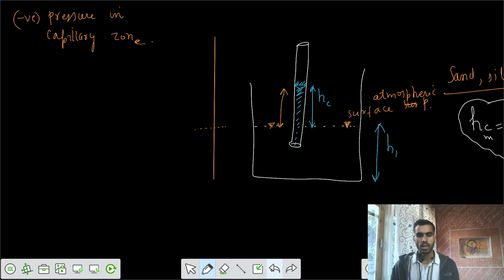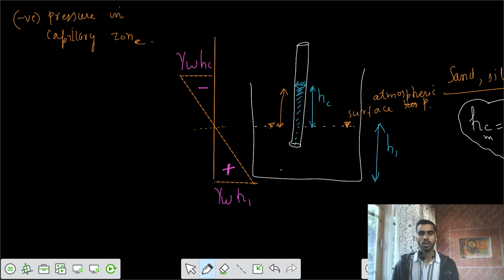So the pressure diagram would be in this way. We have negative pressure above in the capillary zone and positive hydrostatic pressure below the surface level. This value would be equal to gamma W into H1, and this value would be gamma W into HC.